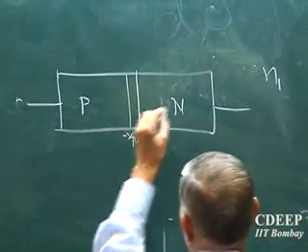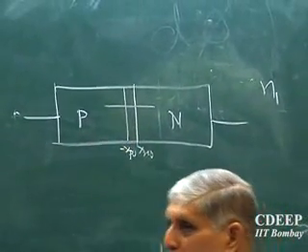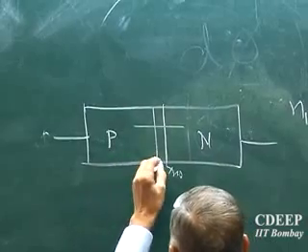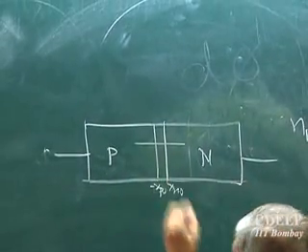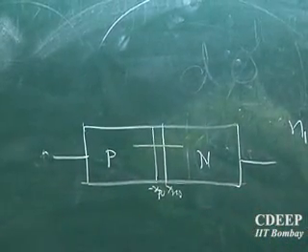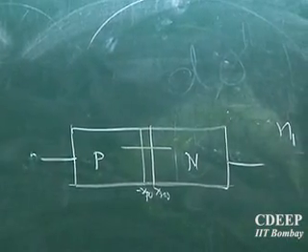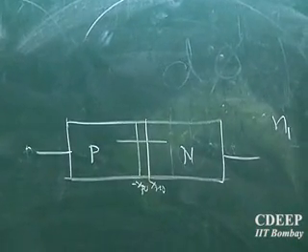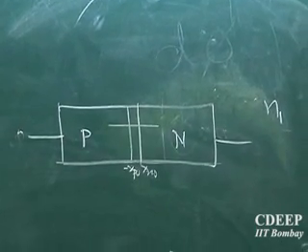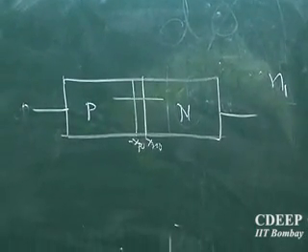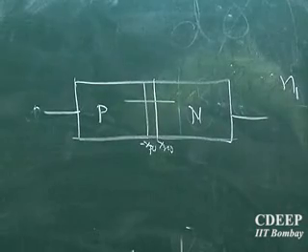If you see, if larger current is flowing across this, even if this is not very highly doped, generally one of them may be heavier doped, there will be I into R related to the P region, I into R related to the N region.